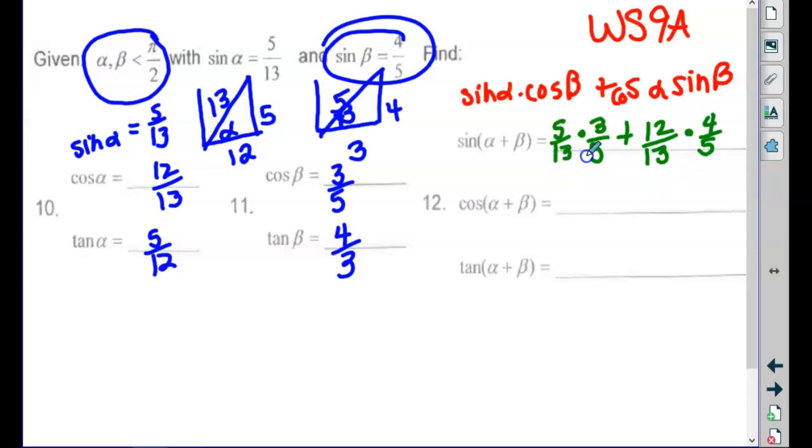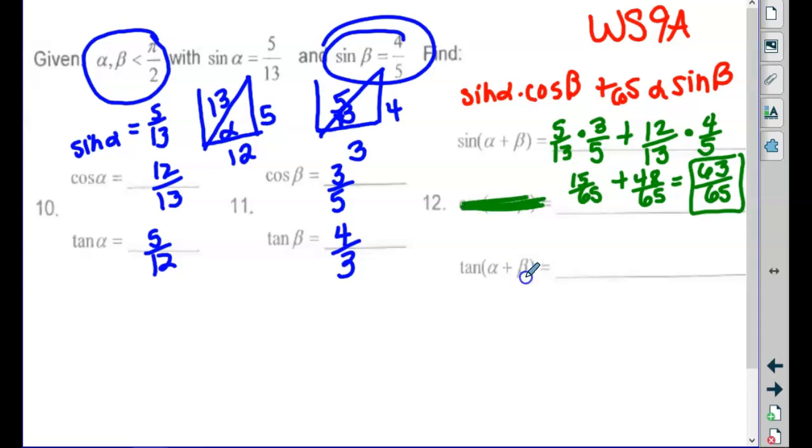When we multiply these together, we get a common denominator. So this becomes 15 over 65 plus this becomes 48 over 65. We add the top, 63 over 65. Now, by the way, that was all sine, not cosine.